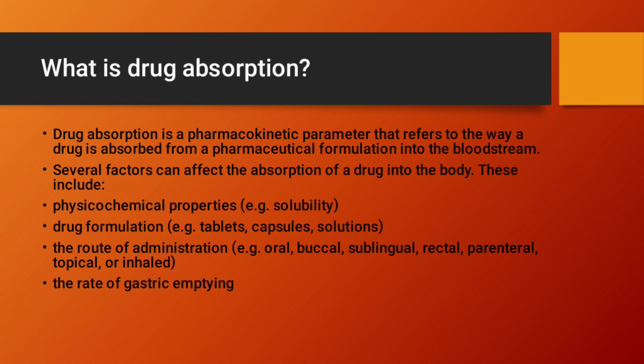We can also say the route of administration, like how we take it. It can be oral, buccal, sublingual, rectal, parenteral, topical, or inhaled. And the last factor that affects drug absorption is the rate of gastric emptying.